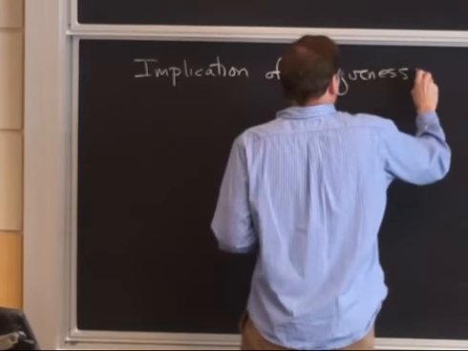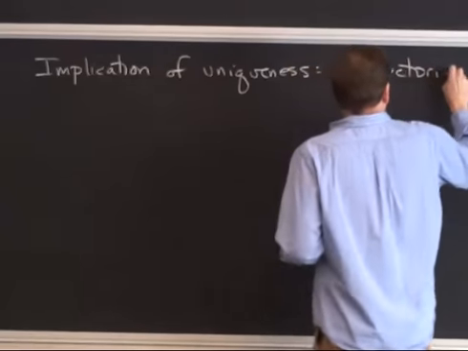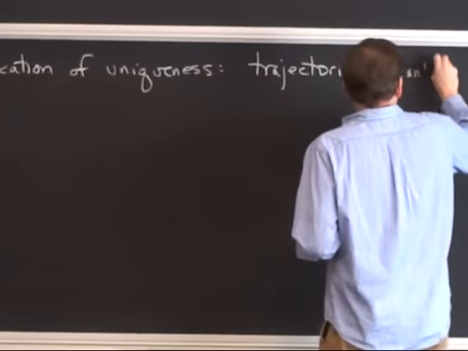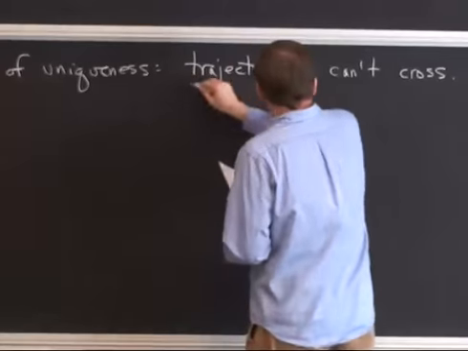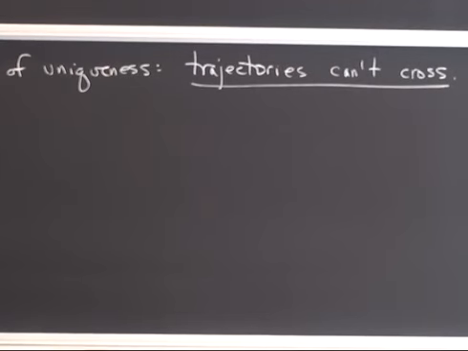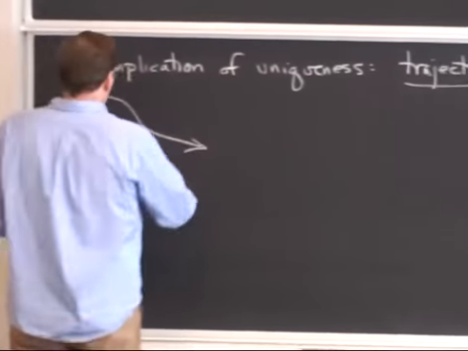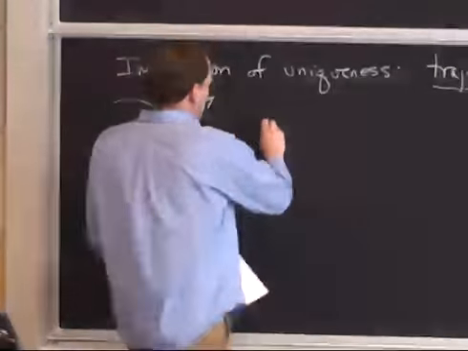That is, trajectories can't cross. So if you're looking at a phase portrait, as we call it, that is a picture of all the qualitatively different trajectories for a vector field, you'll never see something like this. A trajectory and then another trajectory going through it. That's impossible.